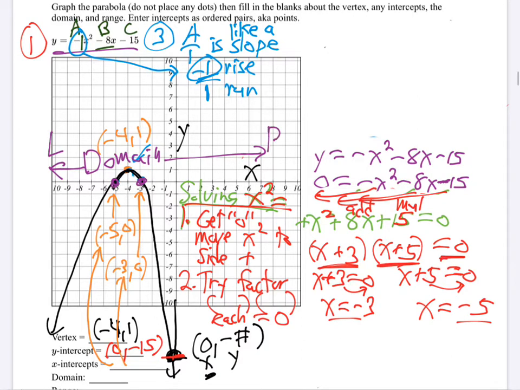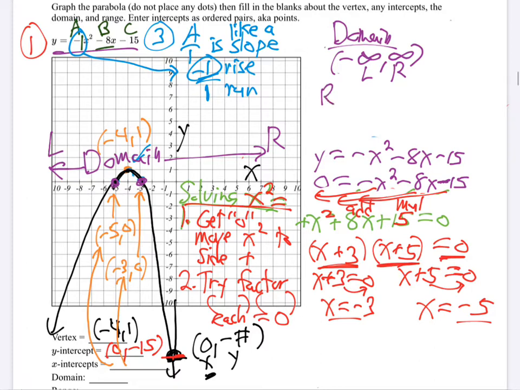Left edge, right edge. So what's the domain of this thing? Well, the arrows go down and left or right forever. So -infinity is the left edge, and regular infinity is the right edge. It goes forever down and left, forever down and right.